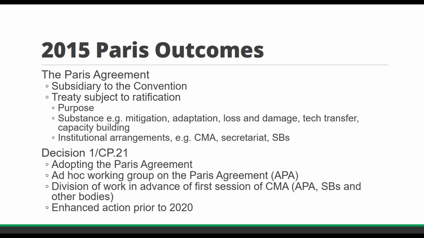The APA is essentially the process that is setting up the rules for the Paris Agreement. It's a little bit more complicated now because the CMA, because of the entry into force, is also happening in parallel, but things have already been decided on how that would work. And Decision 1 CP21 also includes enhanced action prior to 2020.